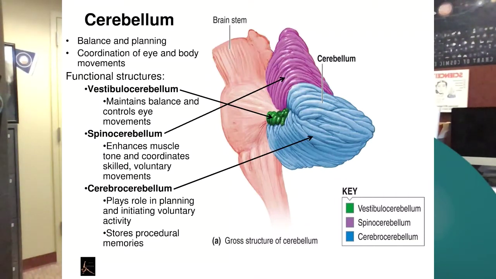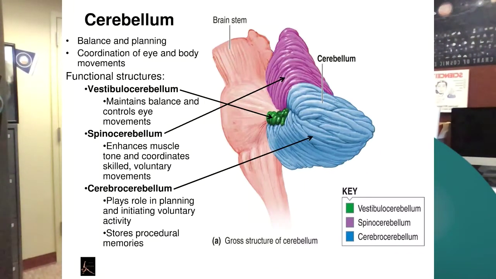So what this does is enhance muscle tone, right? Coordinates skilled voluntary movements, and basically, to translate that, it ensures the accurate timing of various muscle contractions to coordinate movements involving multiple joints, right?